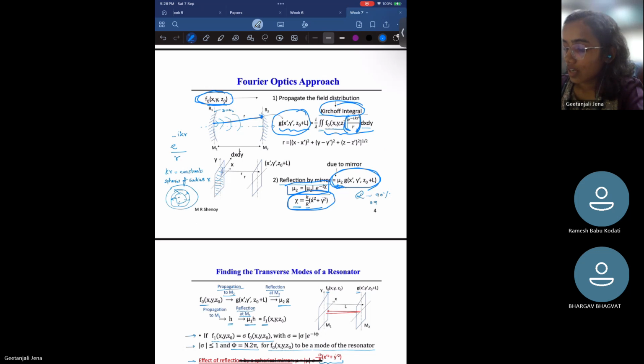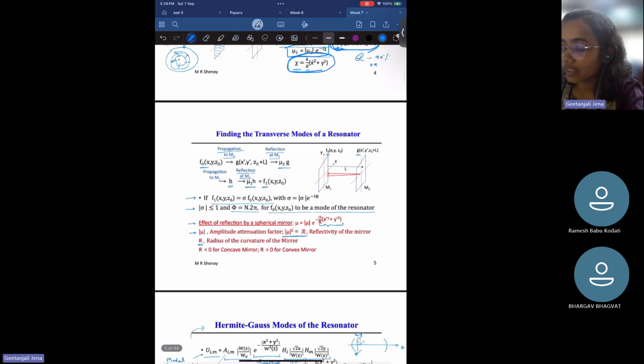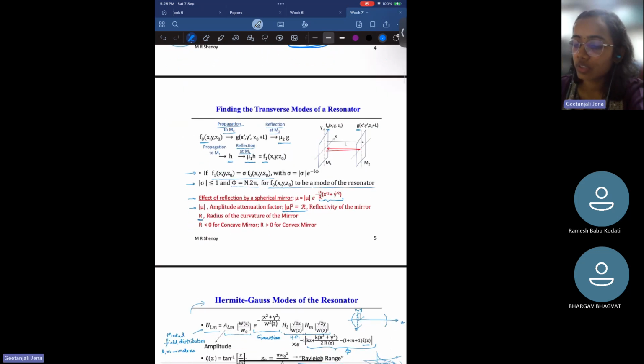So chi is nothing but a phase factor because of the reflection from the mirror, and we can typically write it as k by r times x prime square plus y prime square. Okay. And now let us see what we have. Initially we started with the initial field distribution F0 of x, y, Z0. This field will propagate through the space between these two mirrors. Now when the field reaches the mirror surface M2, the field distribution can be given by G of x prime, y prime, Z0 plus L, which we got from the Kirchhoff integral.